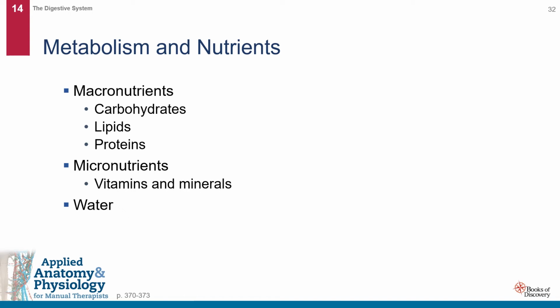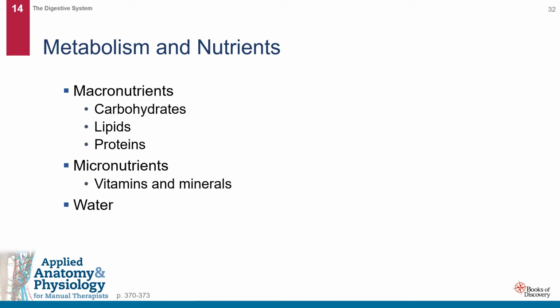Metabolism also includes catabolic processes such as glycolysis and the Krebs cycle, which break down complex molecules to produce ATP. Both anabolism and catabolism rely on the body's intake and assimilation of nutrients through the digestive system.